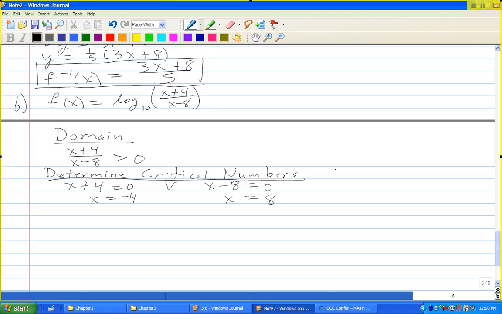So let's place these on my number line. If x is 0, it's negative, and these have multiplicity of 1, so they alternate, and we want this to be greater than 0. And so we will not include either of the endpoints, but it's everything else.